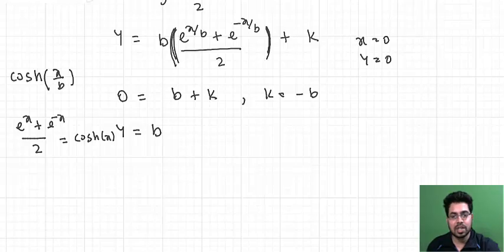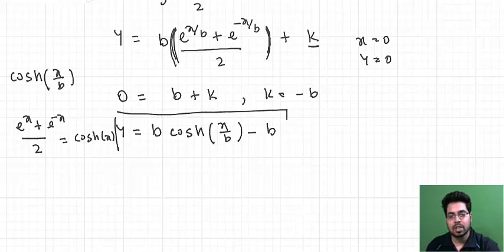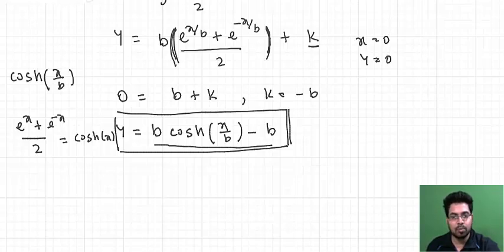So this can be written as y equals b cosh of x by b minus b. So this is our final solution. We have found that this curve is actually a catenary and not a parabola. Since this is a hyperbolic function, this curve is called a catenary.